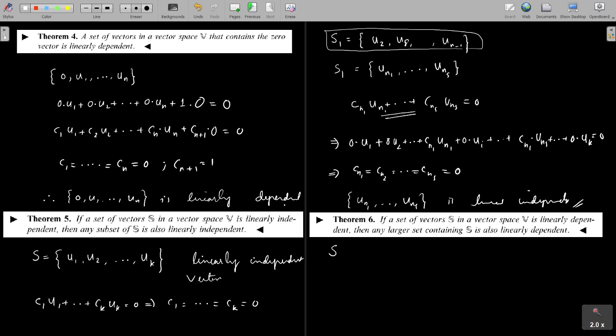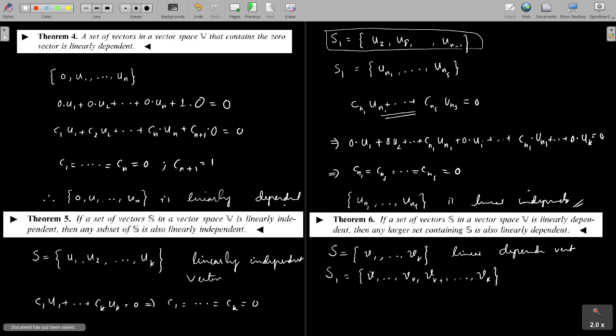So consider the set S consisting of the vectors v1, v2, etc., vr, a set of linearly dependent vectors. Now we need to prove that any superset S1 that contains S, say v1, etc., vr are also members of this S1, and there are some other members like vr+1, etc., vk, is also linearly dependent.